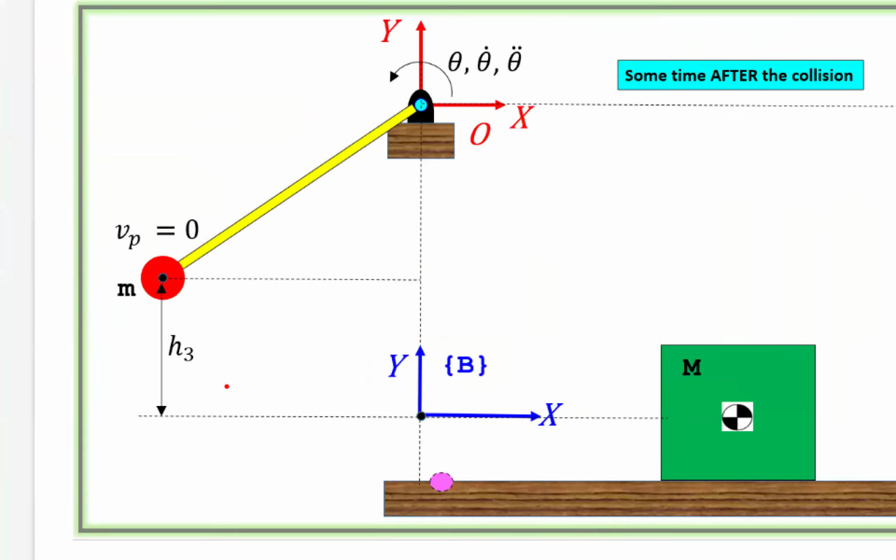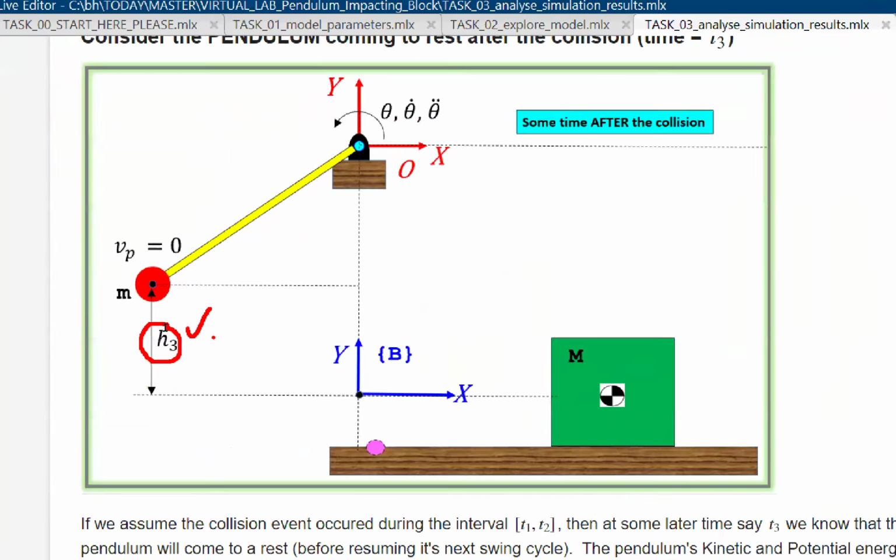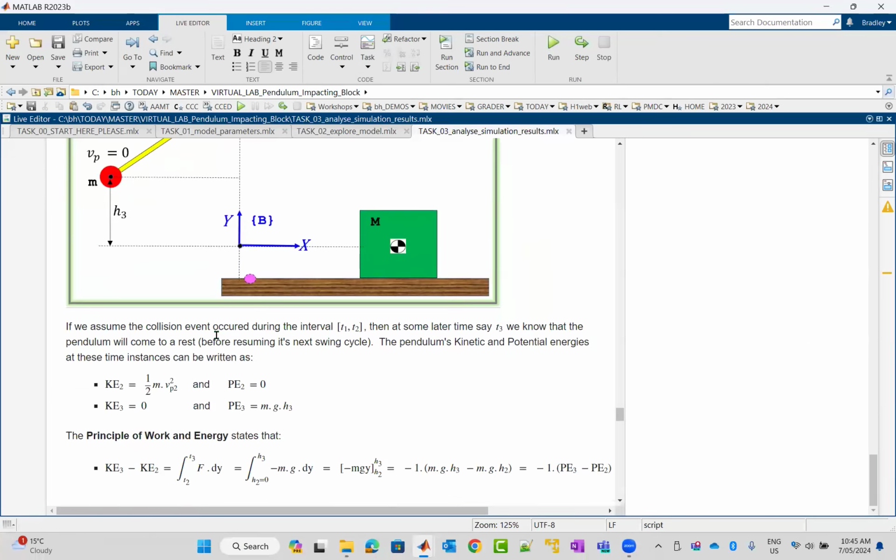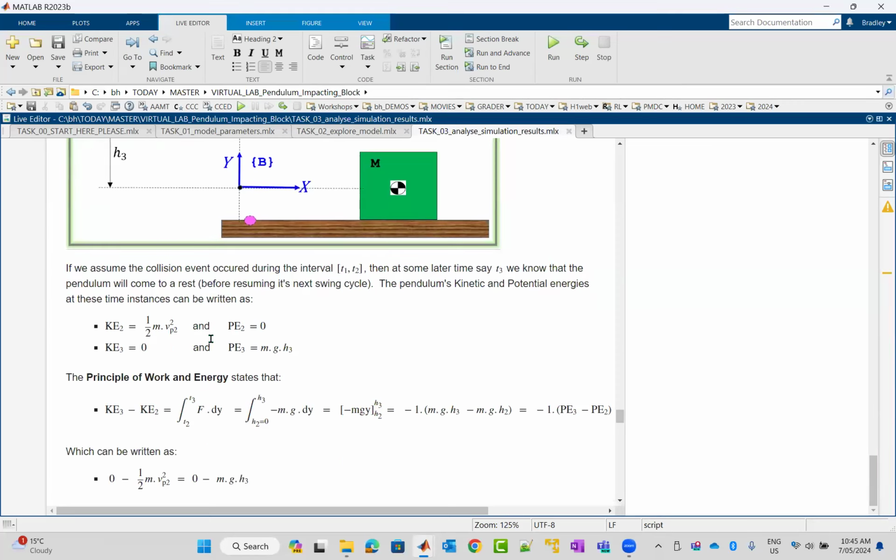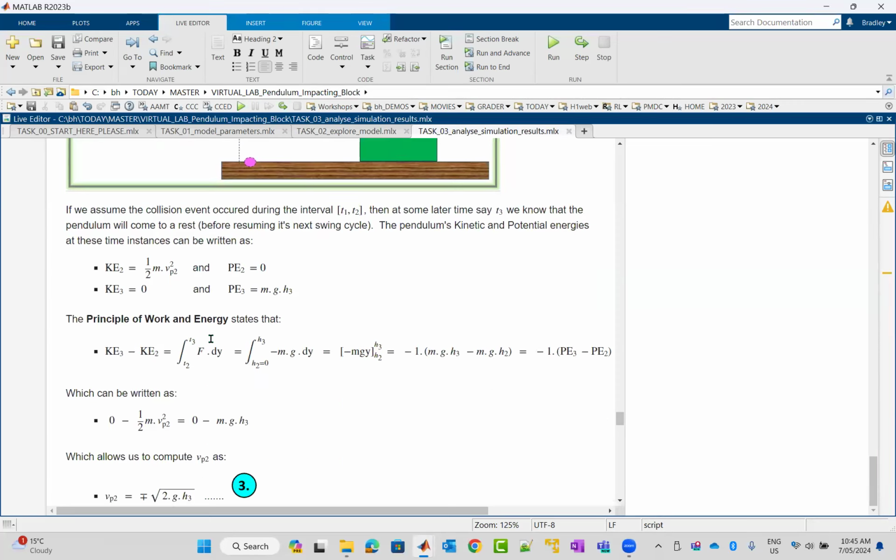Now we know from our measurements that very first height the pendulum got to when it came to rest. That was one of the things we got off our plots, so we actually know that, which is good. If we apply the principle of work-energy between moments in time T2 to T3, we're getting a transfer of kinetic energy into potential energy of the pendulum.